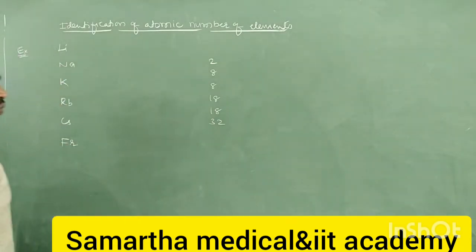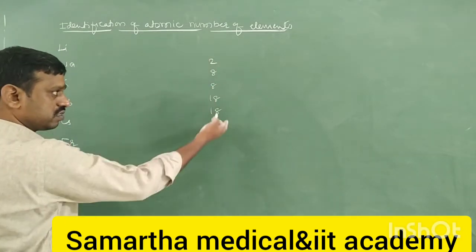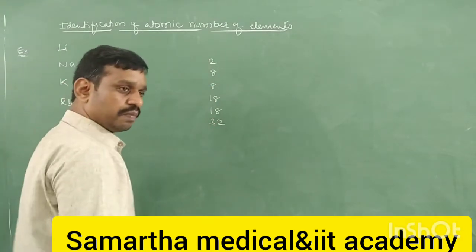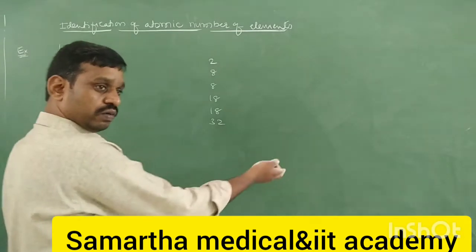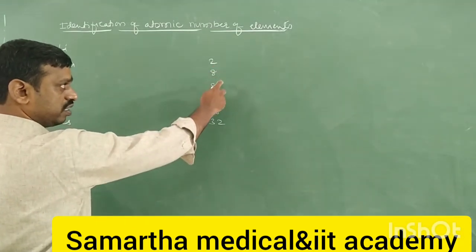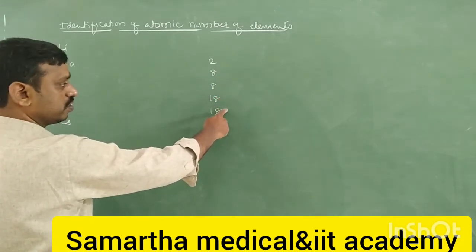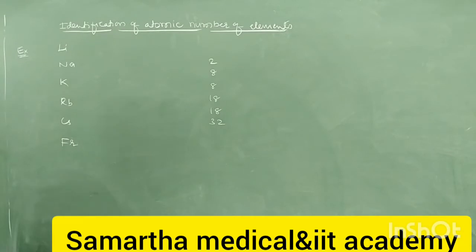What is this magic number related to? The number of elements in a period. So there are 2 elements in the first period, 8 in the second, 8 in the third, 18 in the fourth, 18 in the fifth, and 32 in the sixth. Okay, that is the magic number.